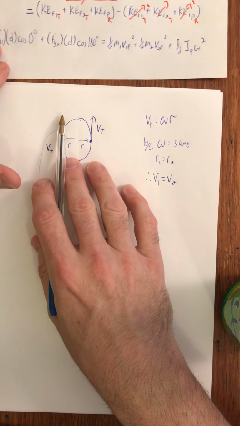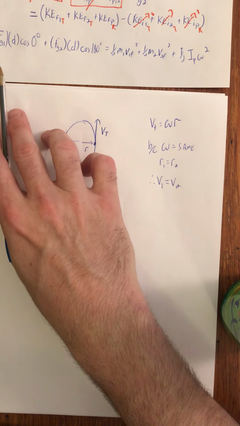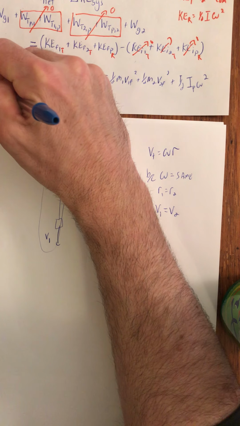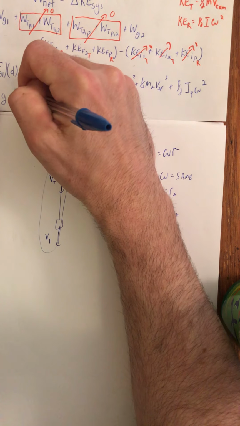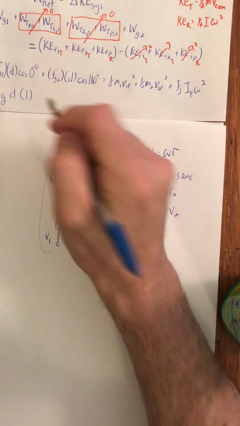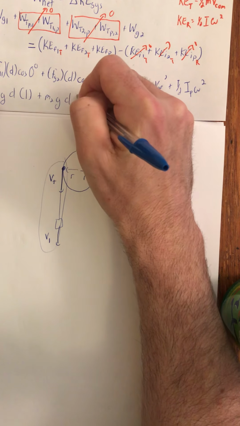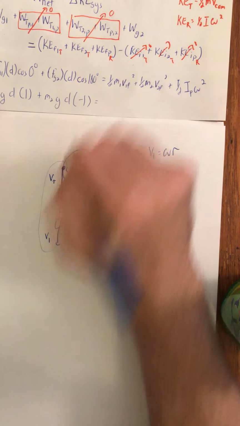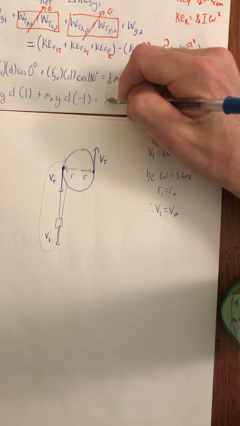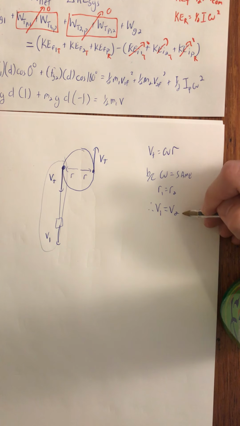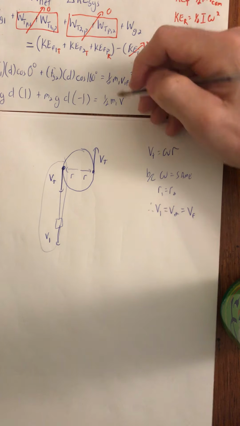Coming up to this line, I can now write the next line in the analysis: m1 g d cosine of 0 degrees, which is 1, plus m2 g d, and this becomes -1, is equal to 1/2 mass 1 v, and we'll just call v1 and v2 both v final, because it's simpler that way.